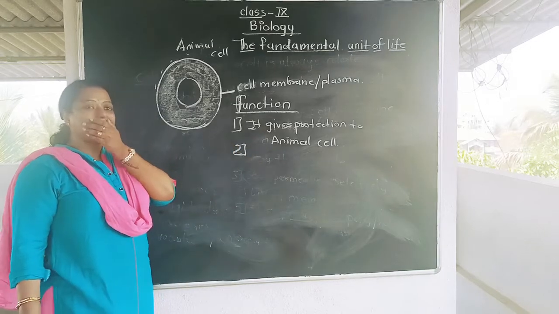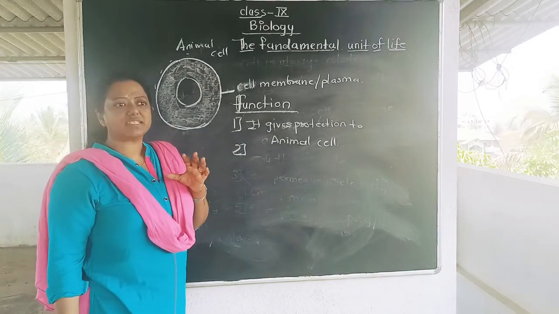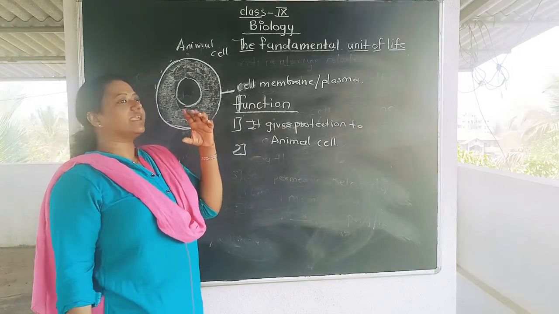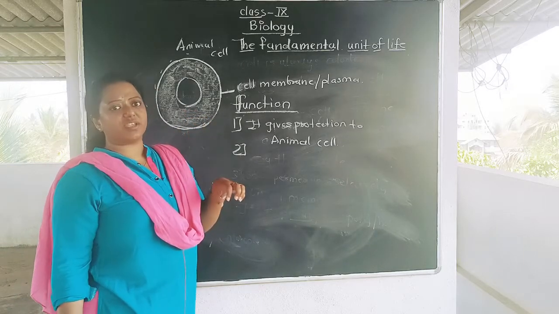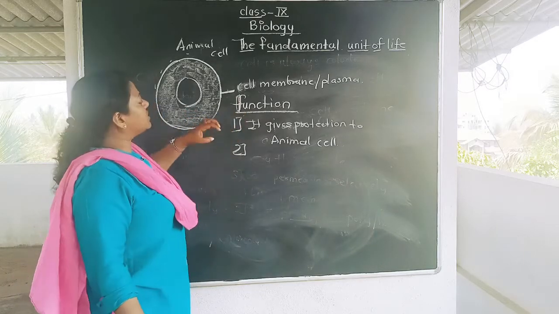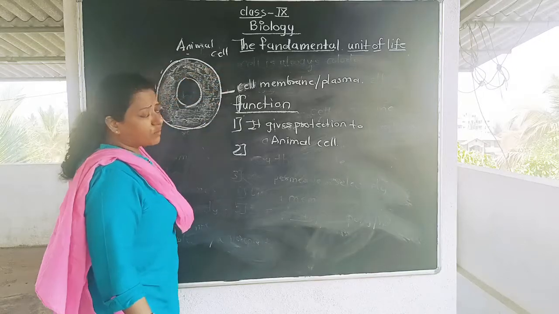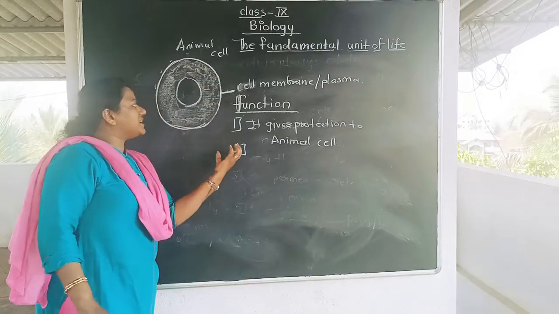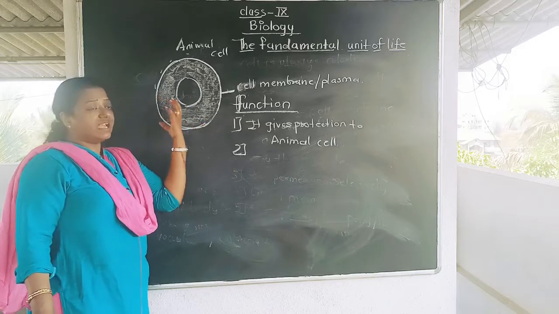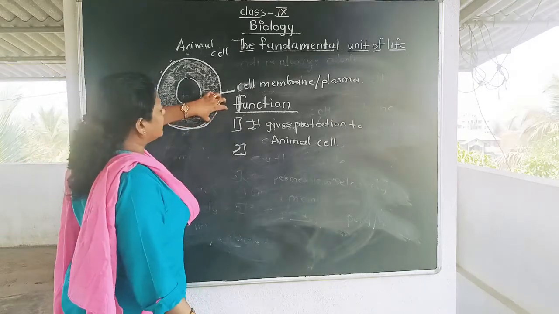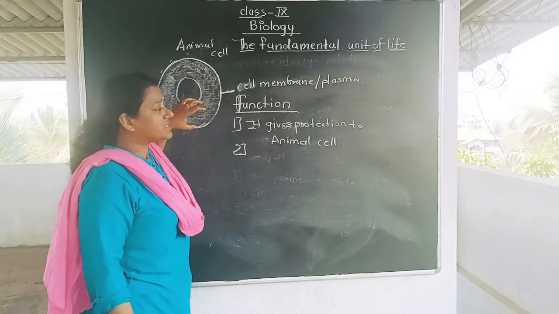For every animal, some specific nutrients are needed, which are absorbed by the small intestine. Those specific nutrients are taken in through the cell membrane by its small pores. So whatever material is needed will be taken in by the fine pores of the cell membrane.